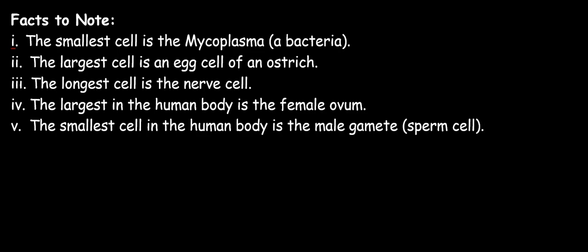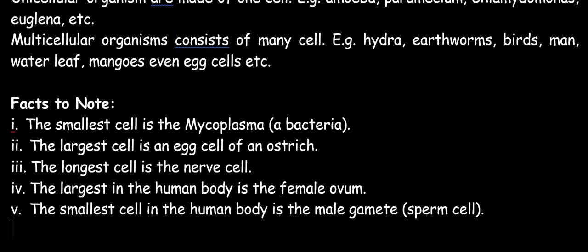Now, when we talk about a cell, it is made up of two main components. The two main components of the cell are the cell membrane and the protoplasm.